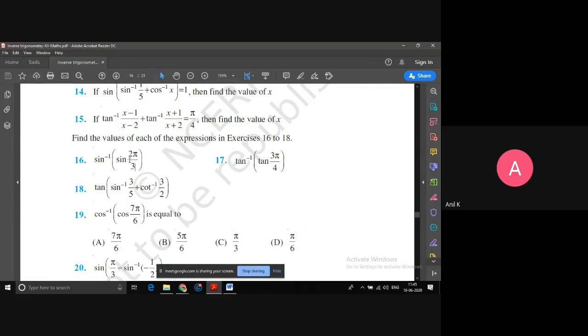Sine 120 value: going to the second quadrant, sine is going to be positive. Sine becomes cos 30, whose value is root 3 by 2. So sine 120 is also root 3 by 2, and sine inverse of that is going to be 60 degrees. Okay, pi by 3 is the answer.